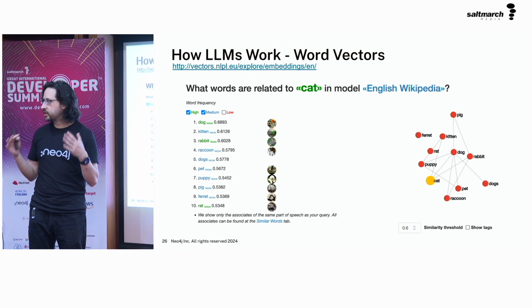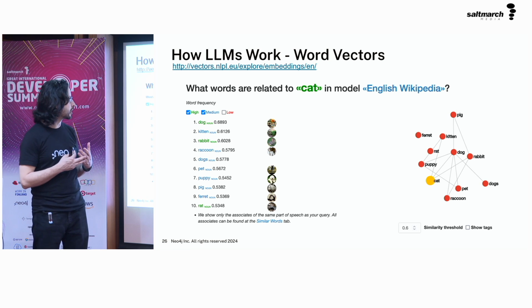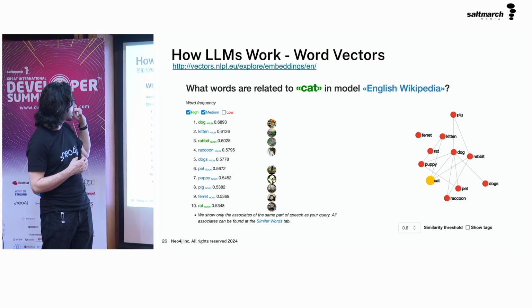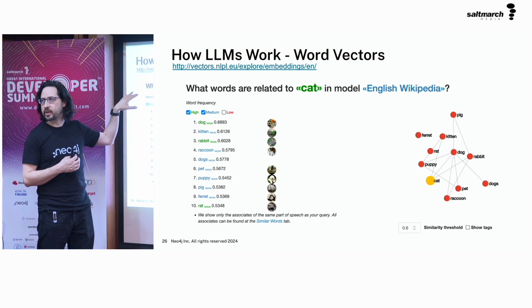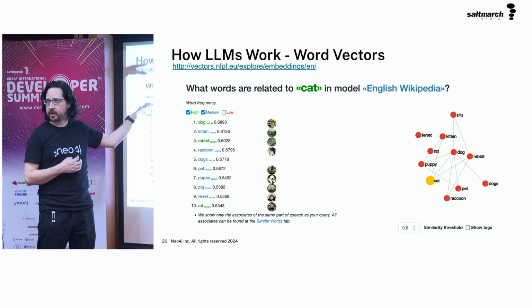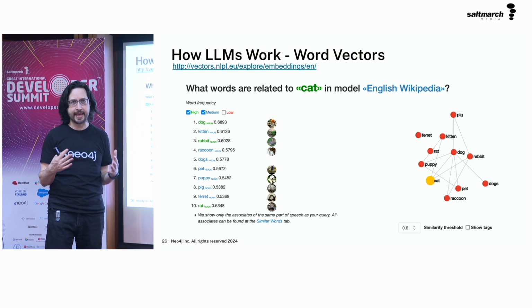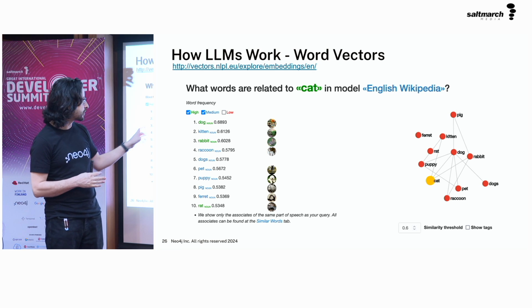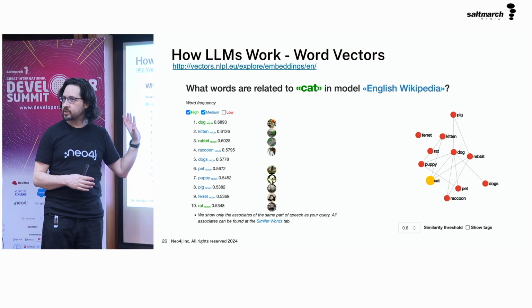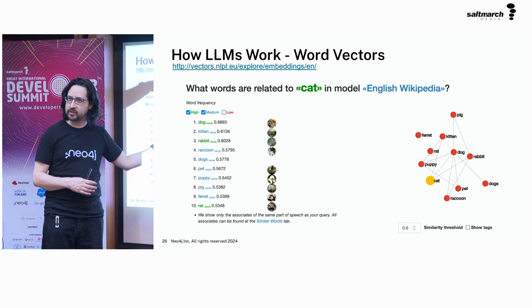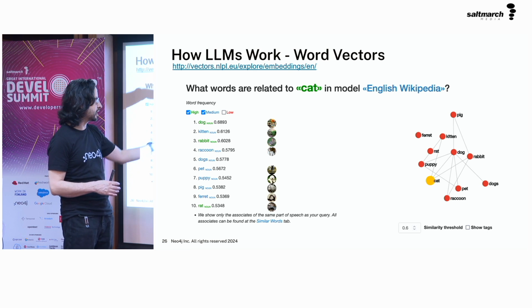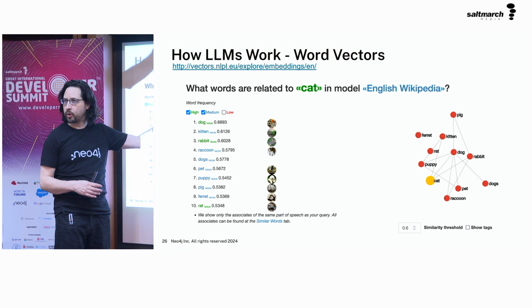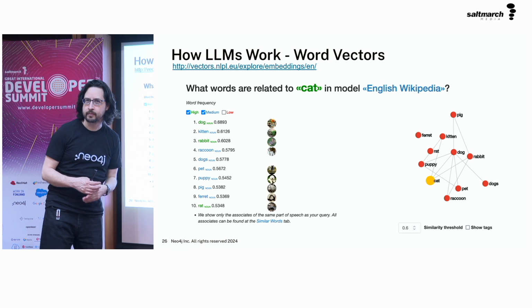So underneath the covers, and there are some research papers which go into more detail on this, they use something called word vectors for encoding sentences and language. The way word vectors work is not specifically words, but ideas; sometimes words or subwords get translated into points in vector space.